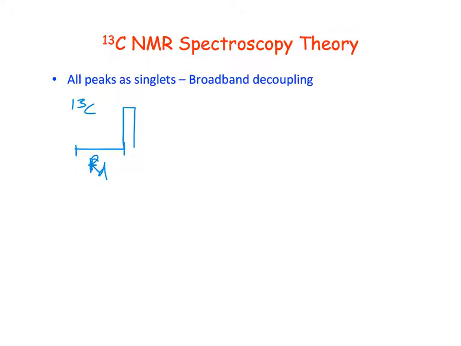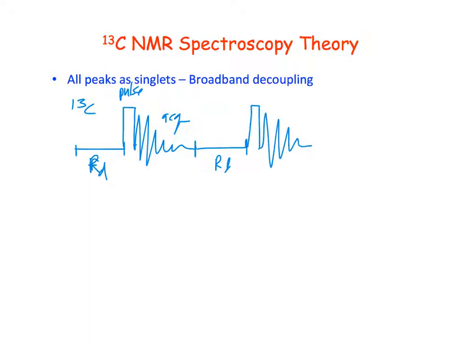We give it a pulse, and then we do acquisition. Then another delay, another pulse, and then acquisition. We just repeat these and add them up as many times as we need to get the required signal to noise.